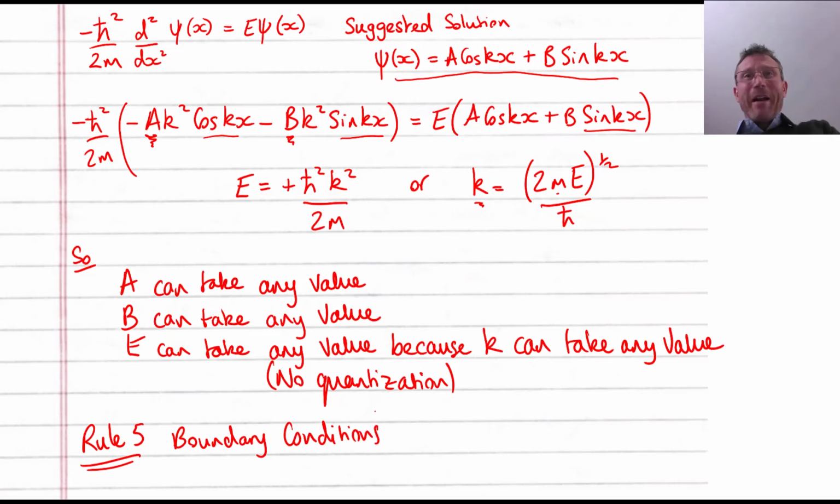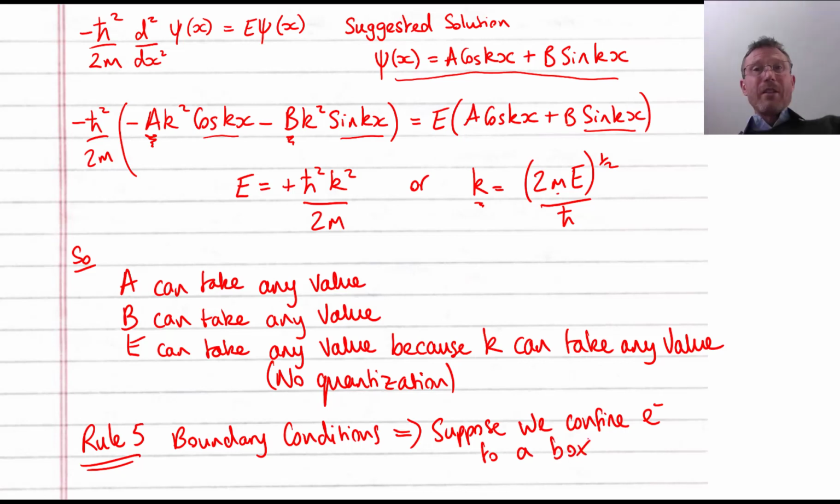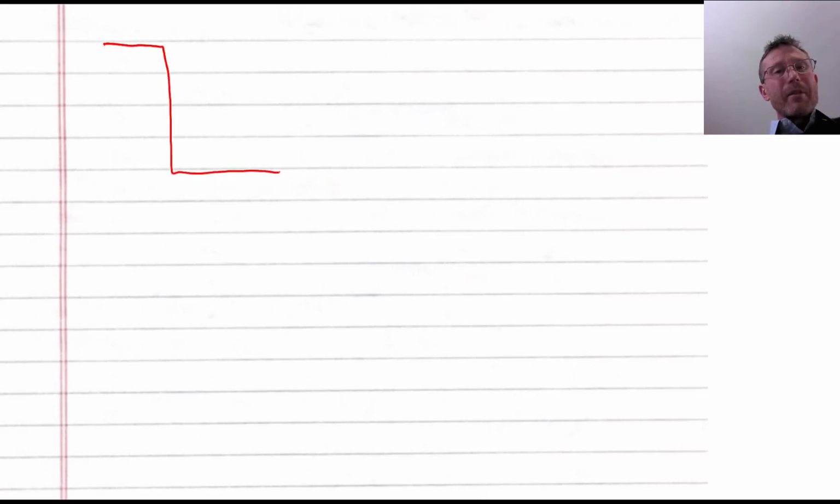Well, at the moment there aren't any boundary conditions because this electron can go where it wants, right? It's moving off towards infinity, so it's not bound to any particular place. But what I'm going to suggest is, suppose we confine that electron to a box. Okay, so let's describe that particular situation. We are in the x direction in here.